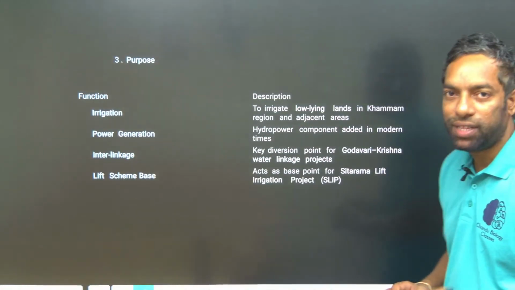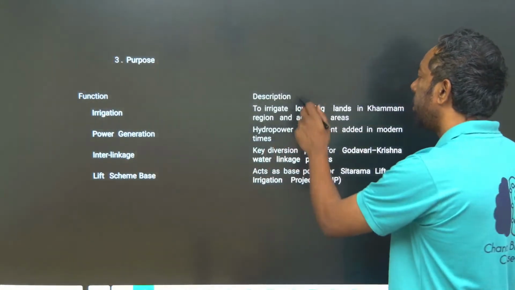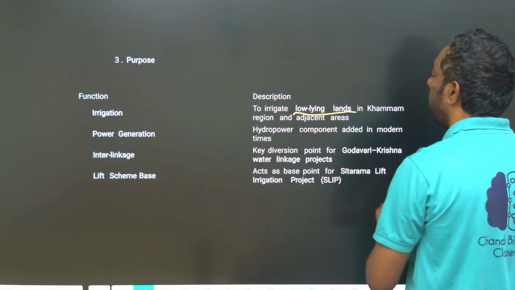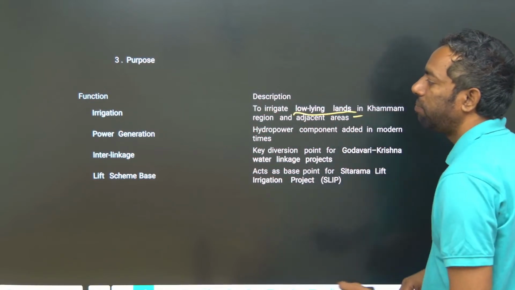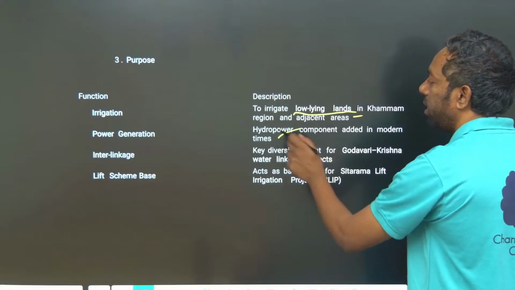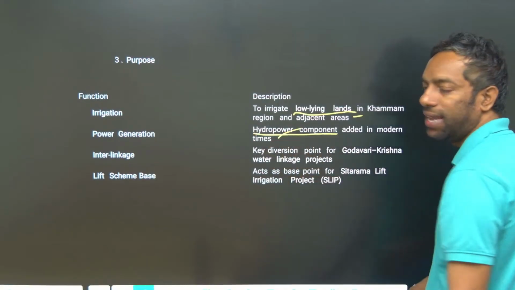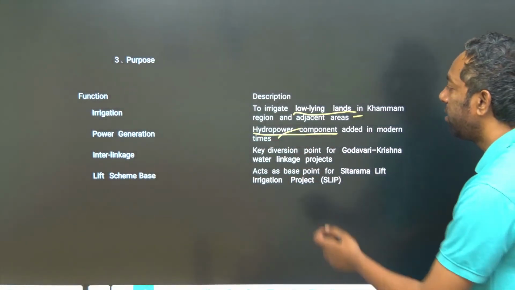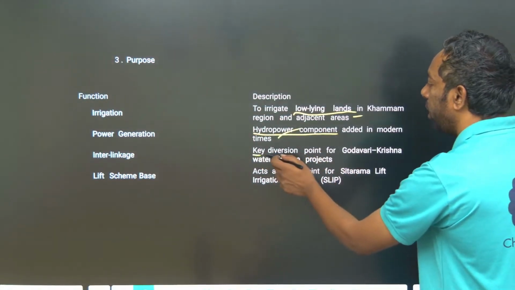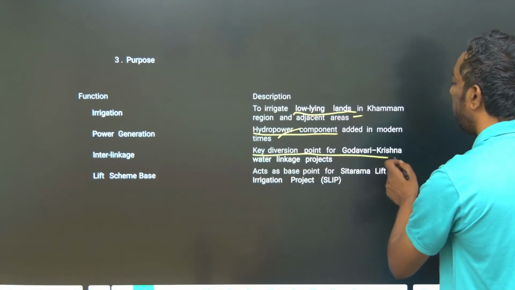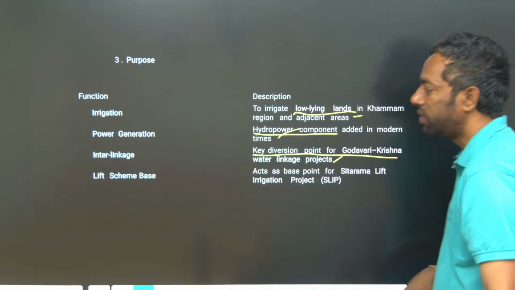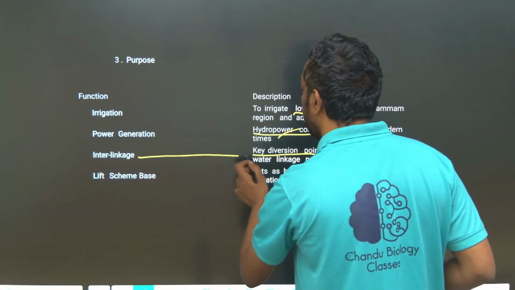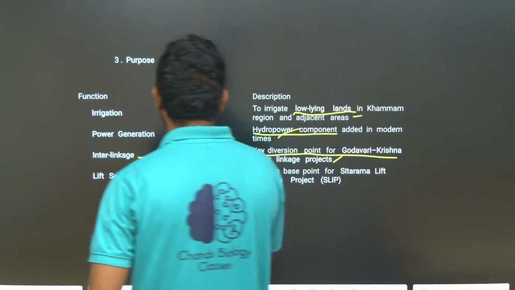The purpose of this project is irrigation of low-lying lands in Khammam, hydropower generation, and interlinkage, the key diversion point of the Godavari-Krishna linkage project. This is important from the exam point of view.